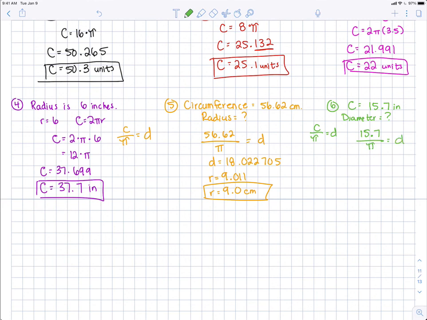So go ahead and punch that into your calculator, please. 15.7 divided by pi. And this is the answer that I got, 4.997465, so on and so forth. Let's round it to the nearest tenth. We should get approximately 5 inches for the diameter.